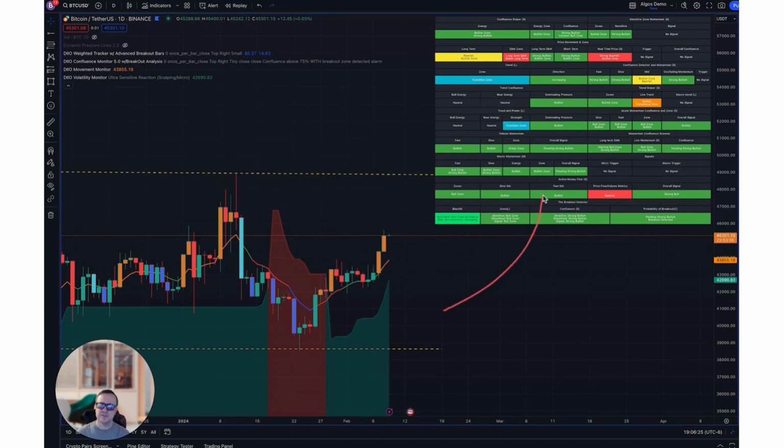When you don't have to look at this because you're in DIO 2.0, and instead you just get to look at orange on orange over green, usually in a green channel, right? I do not have the other algos displayed here, some of the ones that we utilize in conjunction with these, but we do have a few that allow us to find even more confluence to make sure we're trading in the same direction of our long-term trend.